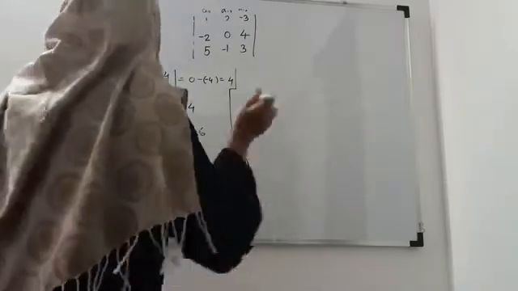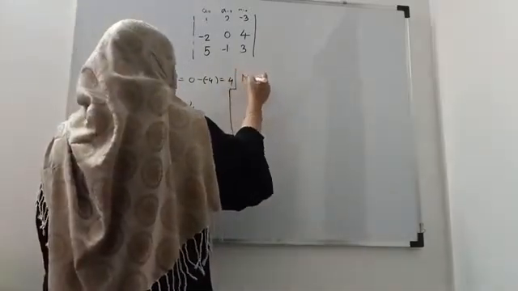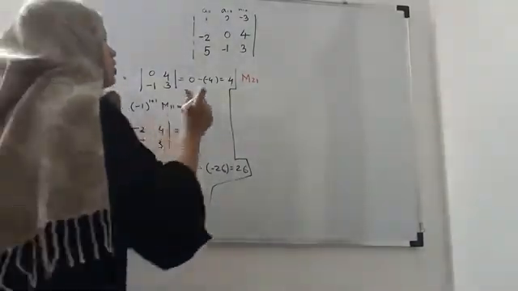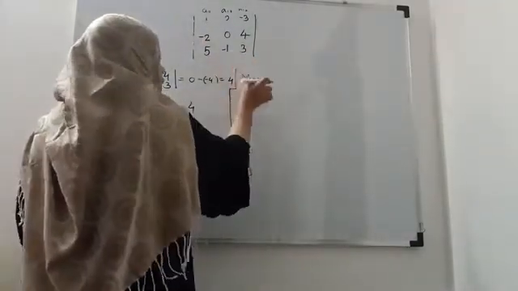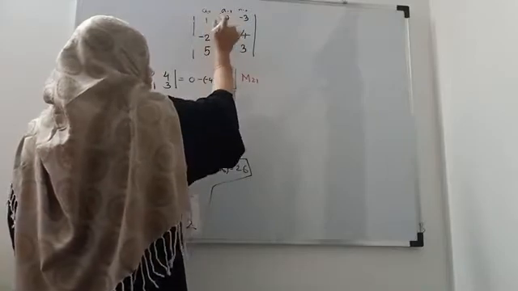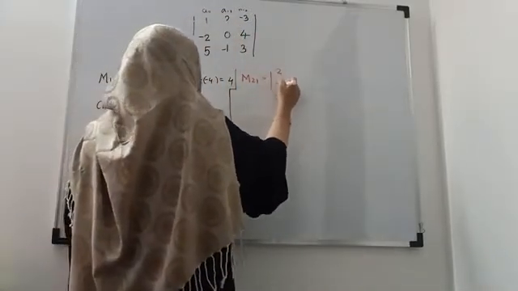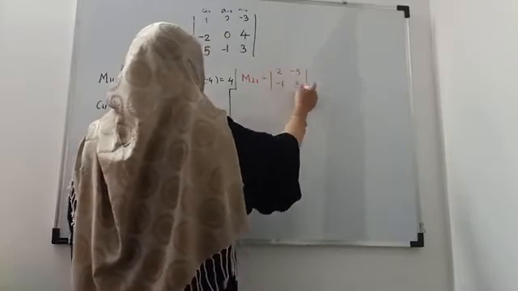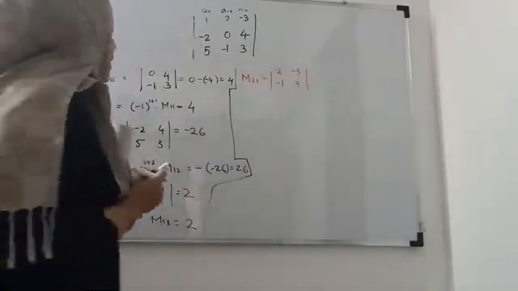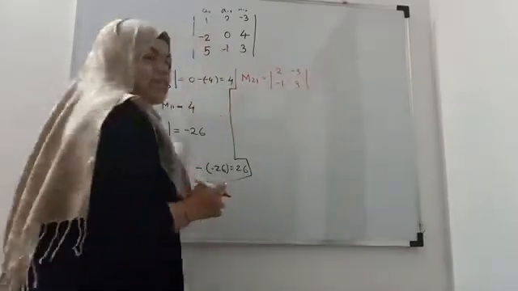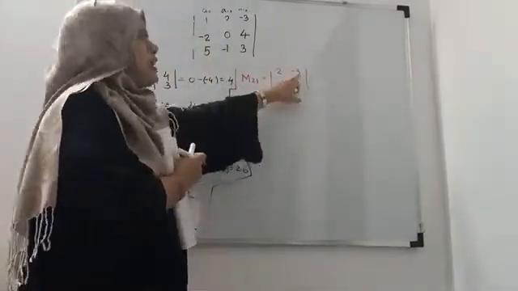Now we will find out M21, that means the minor of M21. Second row and the first column will go, and we will be left with 2, minus 1, minus 3 and 3. The minor of this will be 2 into 3, that is 6, minus 1 into minus 3, that is 3.